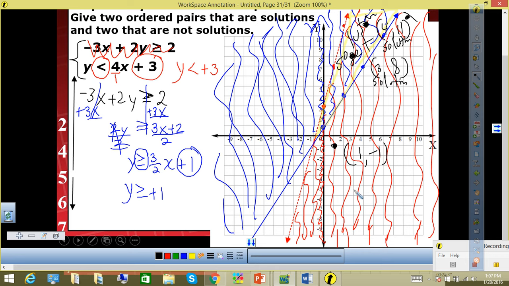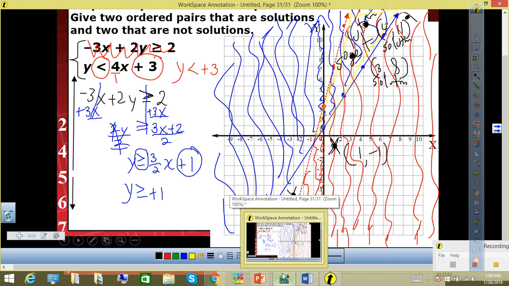Erica? -3, -6. Who notices that it doesn't hit any shading on that one? So -3, -6 is not a solution. So in order to know that these are not solutions, I want you to put a big X on those 2 points so that we know those are not solutions.